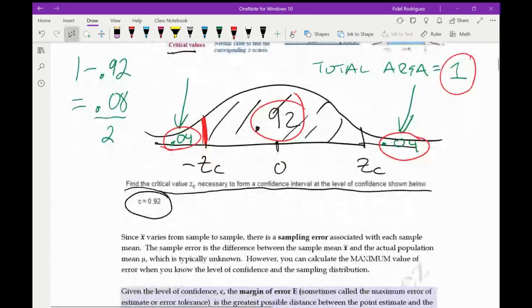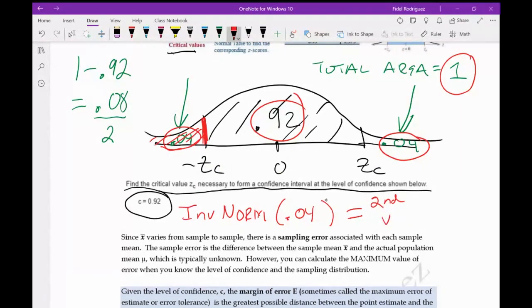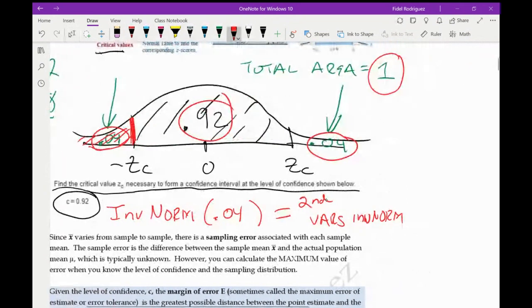Using my calculator, I can use the inverse norm feature, since I know that the area to the left is 0.04. Just a quick reminder on my calculator, I'm going to go second, vars, inverse norm, and I'm going to type in the area to the left, which was 0.04.